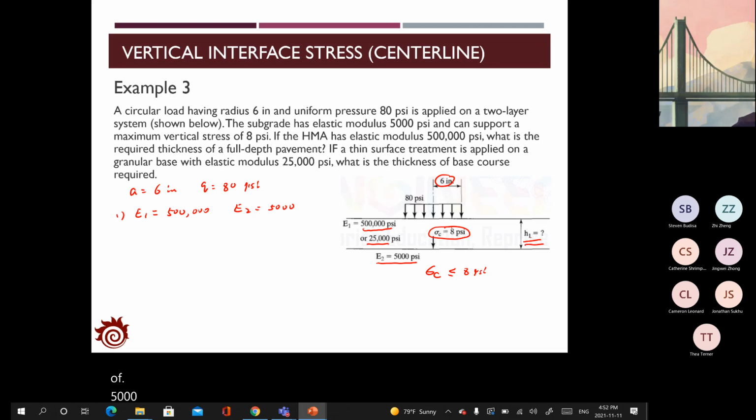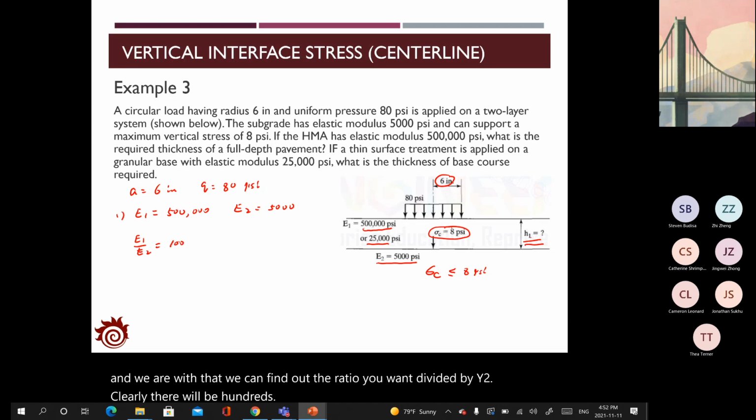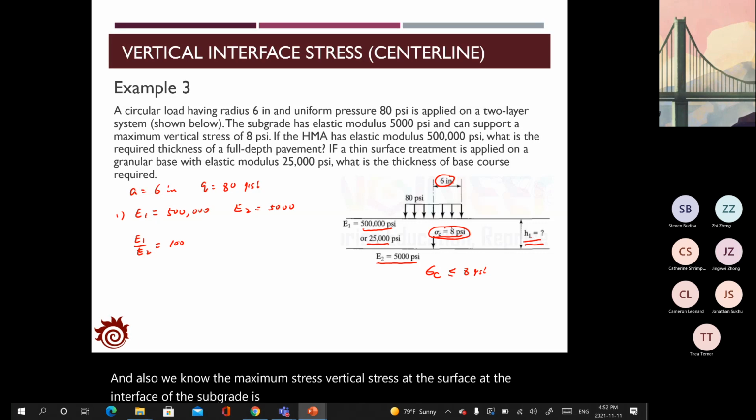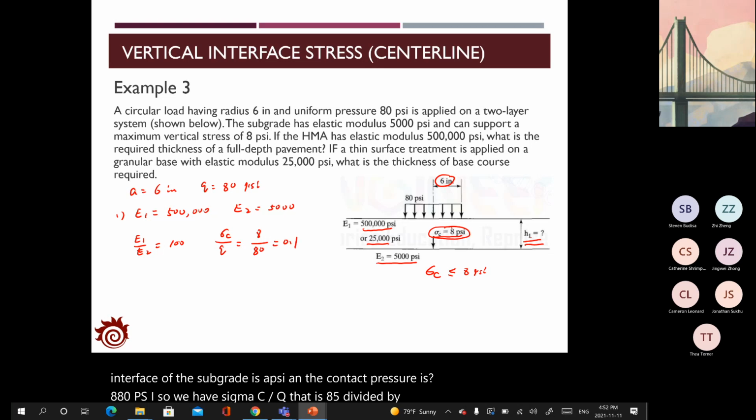And with that, we can find the ratio E1 divided by E2. Clearly, that will be 100. And also, we know the maximum vertical stress at the interface of the subgrade is 8 psi, and the contact pressure is 80 psi. So we have sigma c divided by q, that is 8 divided by 80, which is 0.1.